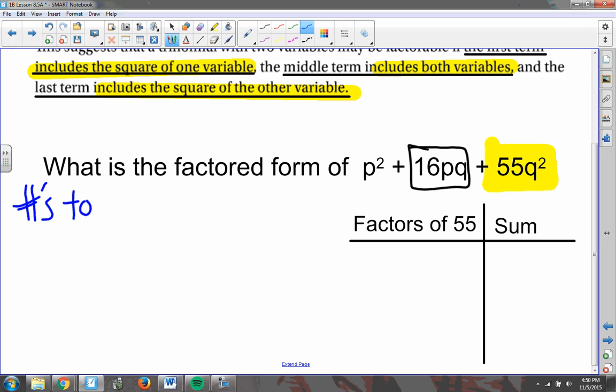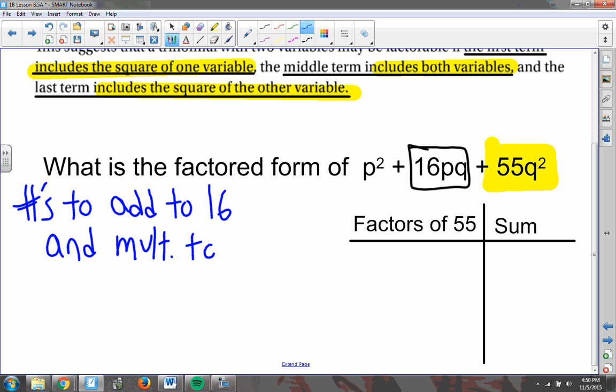I need two numbers to add to 16 and multiply to 55. So I'll start listing out the factors of 55 that I know, see if I can get any of them to add up to 16.